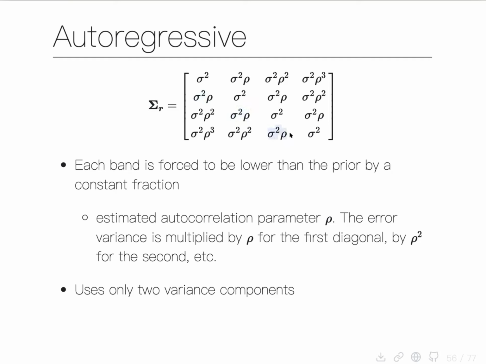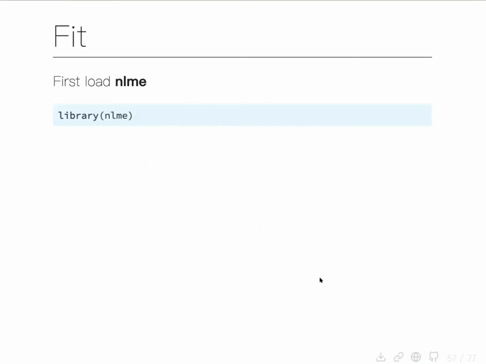Then for the next band diagonal, we square that rho, and then we cube it, and then we would raise it to the 4th power if we had further, etc. So we're only estimating one variance here, sigma, and then this additional parameter rho, which I think NLME refers to as psi or something like that.